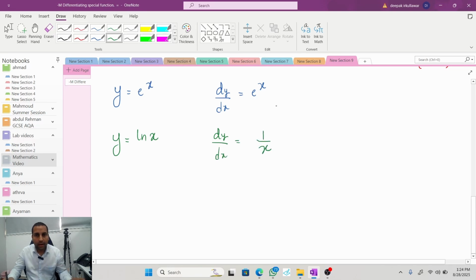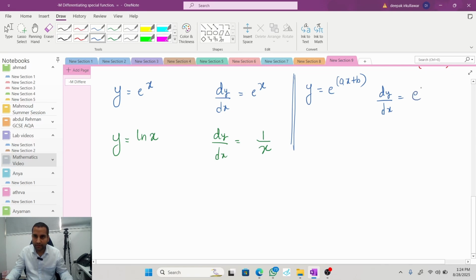Now sometimes they will not give you the plain e to the power of x. Just like the previous trigonometry, they will give you y equals e, but in the power they will give you ax plus b. In that case, your dy by dx is the differentiation of e to the power of x, which is nothing but e to the power of x.